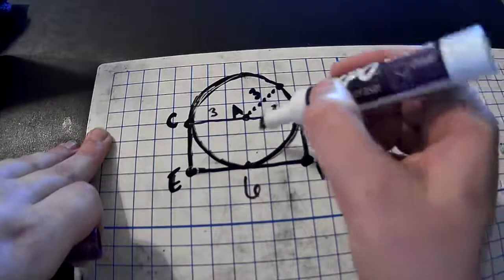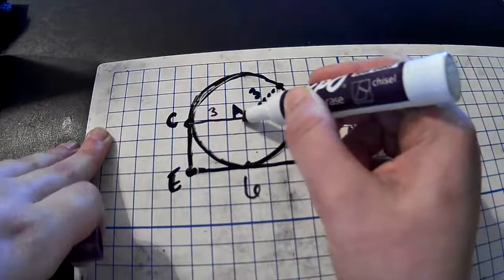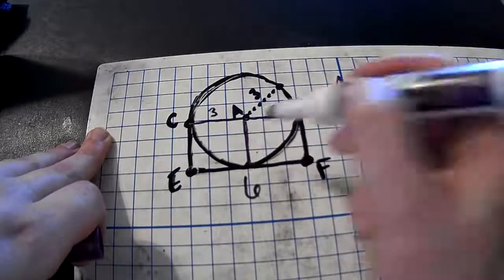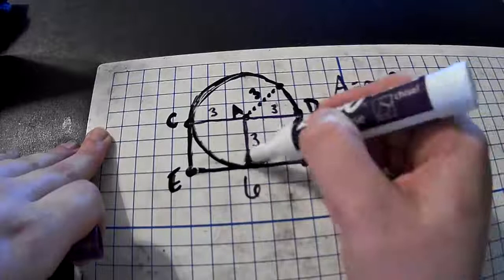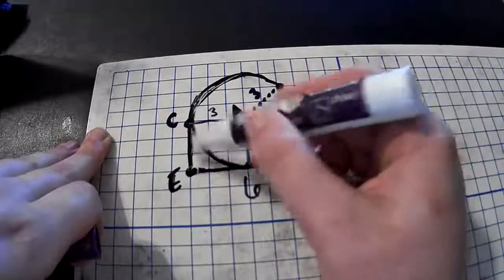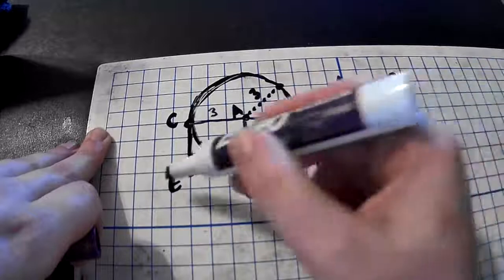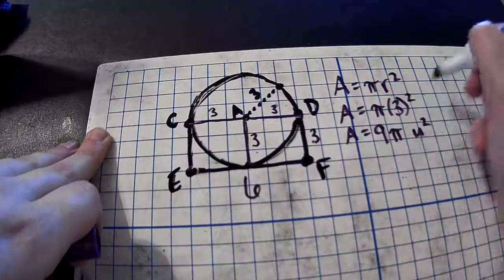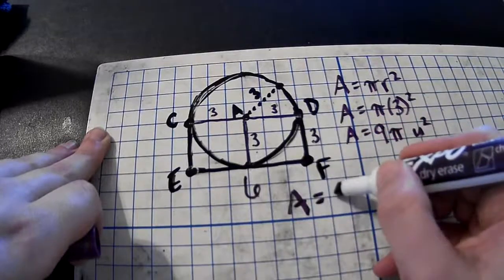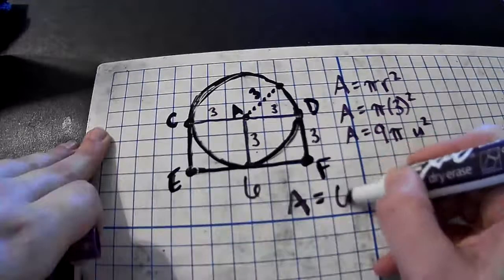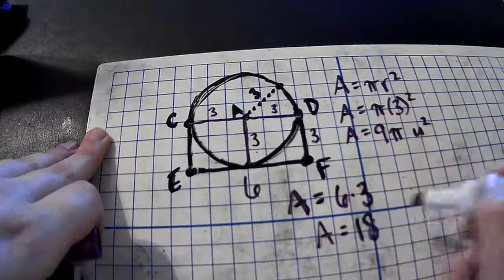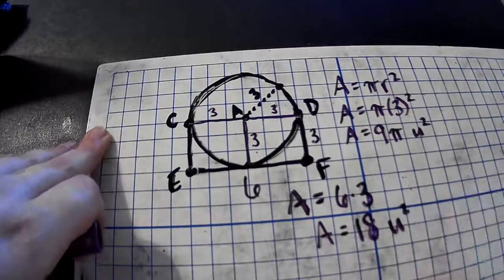Now, using my same circle radius idea here, the height or the width of my rectangle is going to be 3, because that's just another radius in my circle. So if my rectangle here is a 3 by 6 rectangle, then for the area of the rectangle, length times width, we're going to do 6 times 3, and the area for that rectangle should be 18 square units.